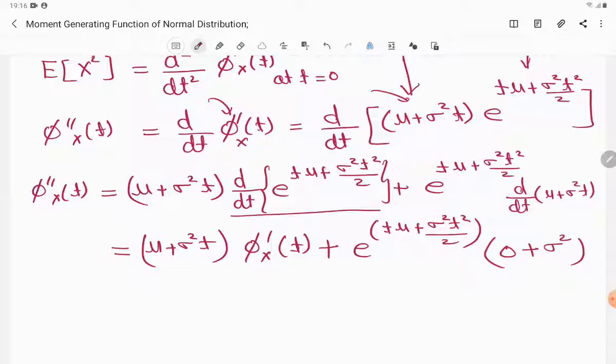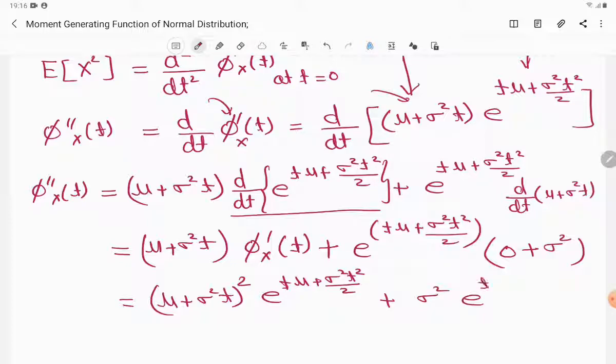So I can directly write the same function here, so the first term gets multiplied, and I will have its square, and then e power (t mu plus sigma square t square divided by 2), plus sigma square e power (t mu plus sigma square t square divided by 2).